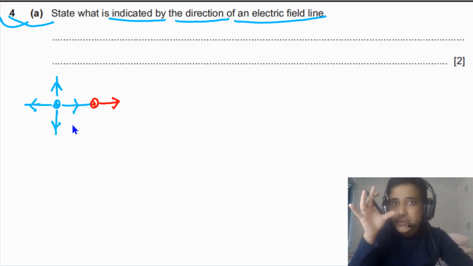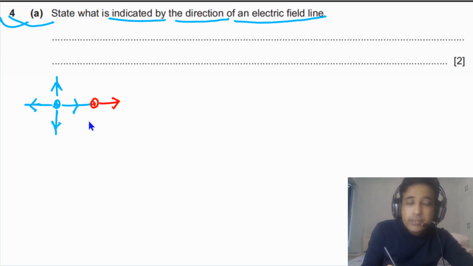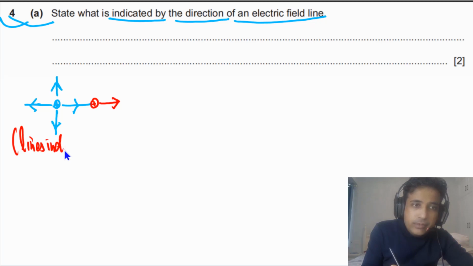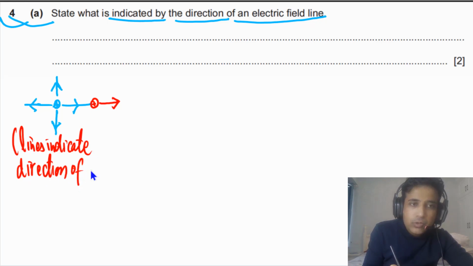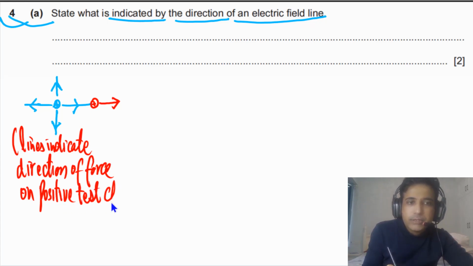So we can say lines indicate direction of force on a positive test charge. Test charge we always take as positive by convention.